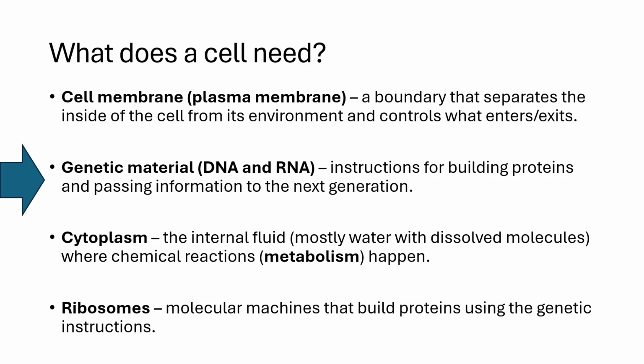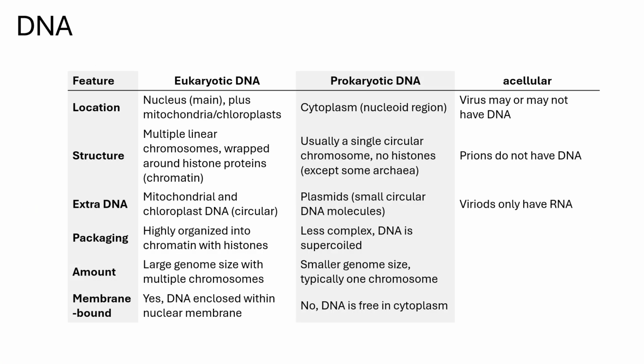Secondly, the cell also needs genetic material, and this is in the form of both DNA and RNA. This genetic material are instructions for building proteins and for passing information along to the next generation. DNA in eukaryotic cells is found inside the nucleus, and it's often organized as multiple linear chromosomes.